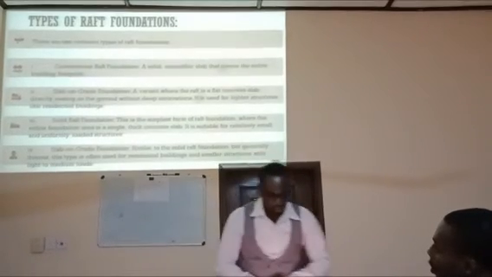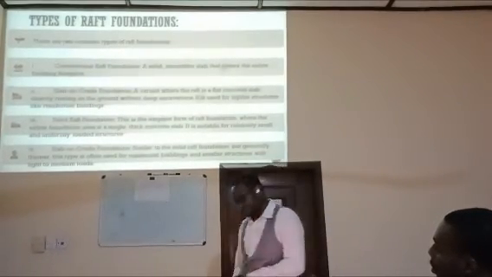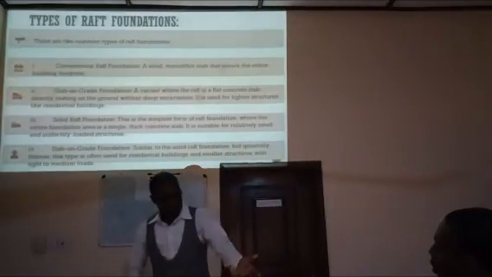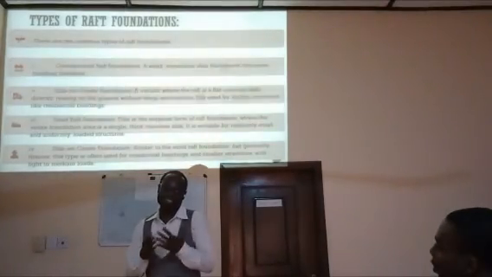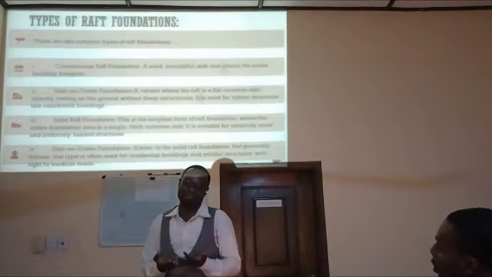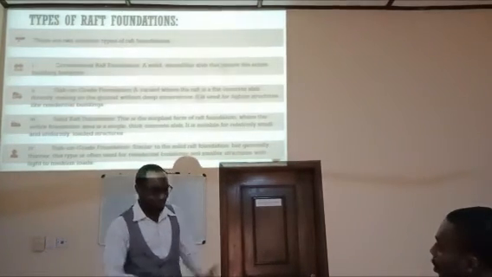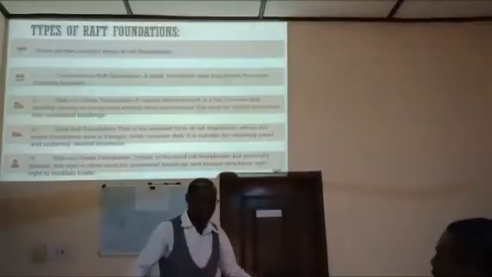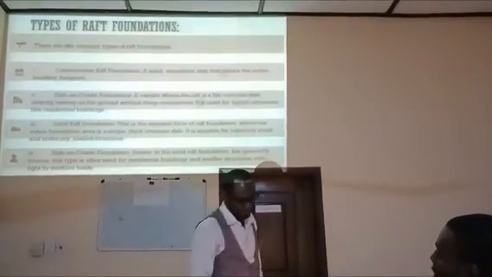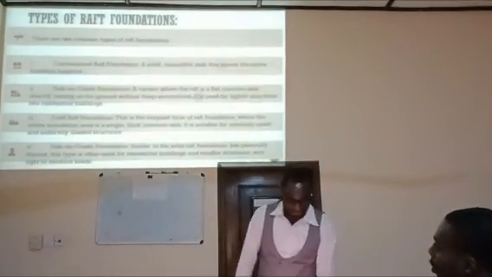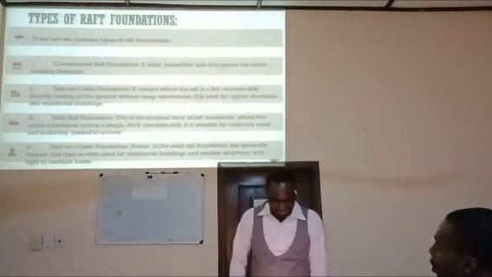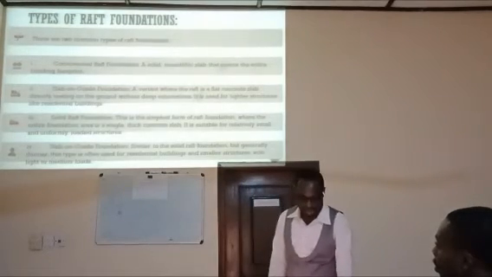And then we already talked about the slab on grade. The next one is slab with beams. Now that one looks more like a strip foundation, but in the reverse order. So after the slab, you still introduce some beams to run across. Okay. Then cellular raft foundation is a variant of slab foundation with beams.